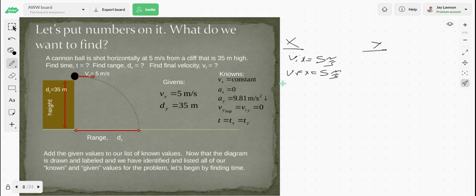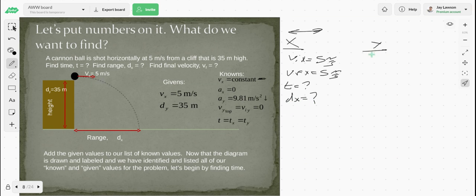How do I know that? Because in the horizontal direction, velocity is constant, right? That's what we said earlier. That's what we know. All right, so what else do we know? Well, we don't know anything else here. We need to solve for time, and we need to solve for d of x.